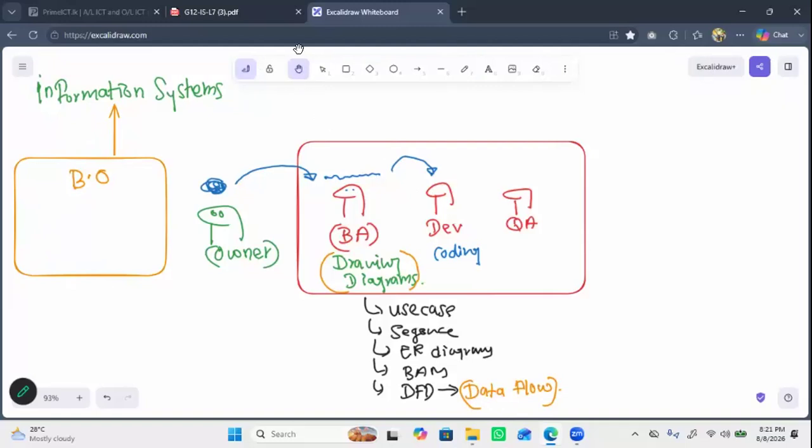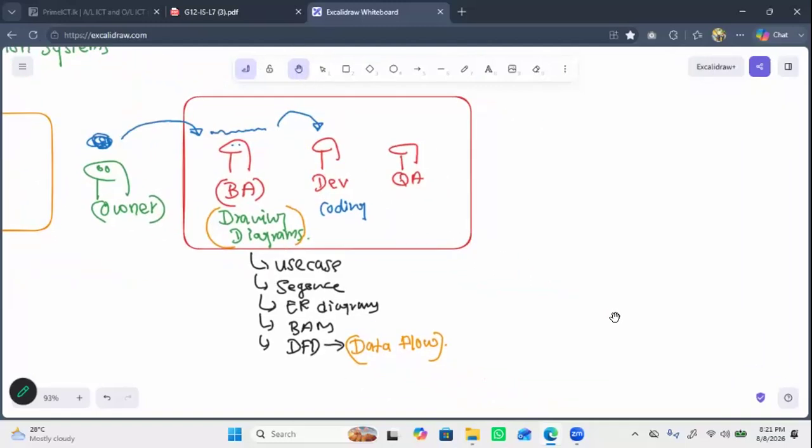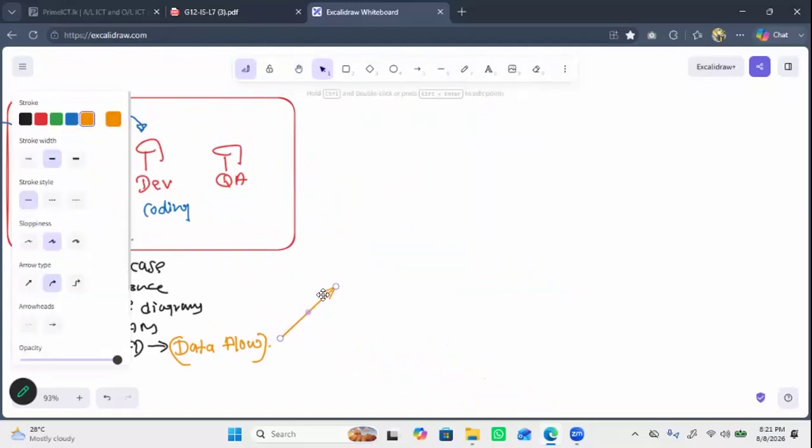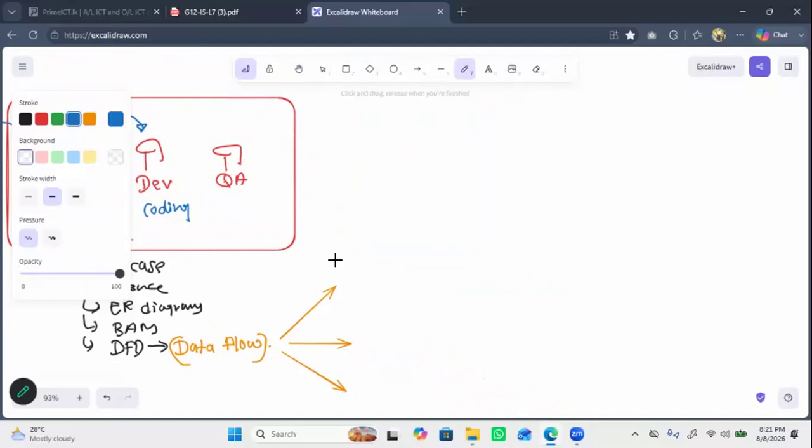So as I said, kids, there are several levels of doing this, mainly 3 levels. If you want, you can add more levels, right? Level 0 is there. Level 1 is there. Level 2 is there.